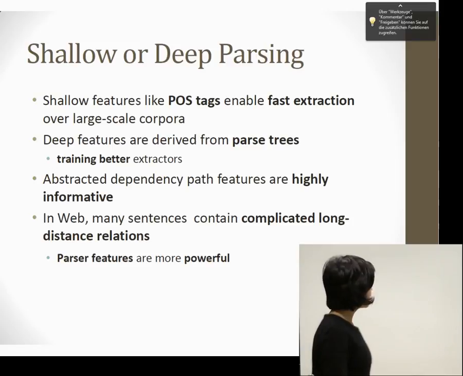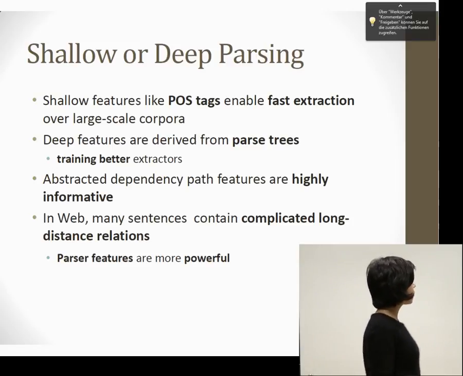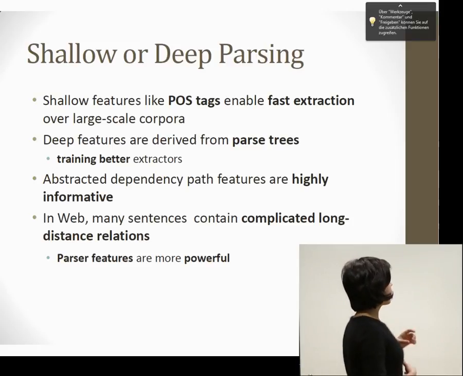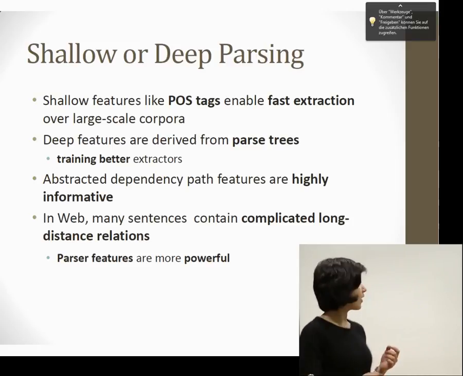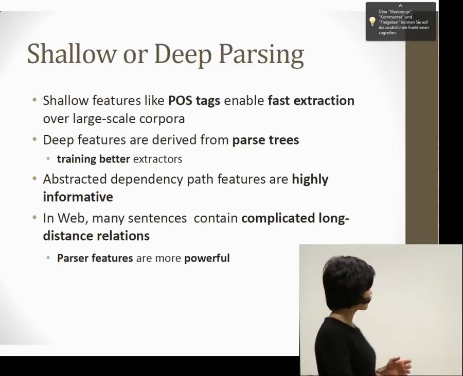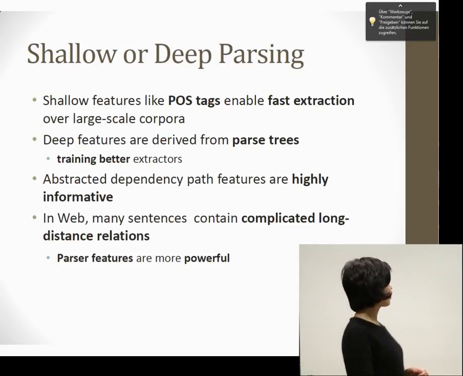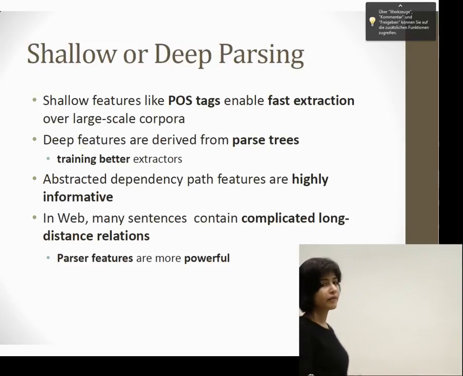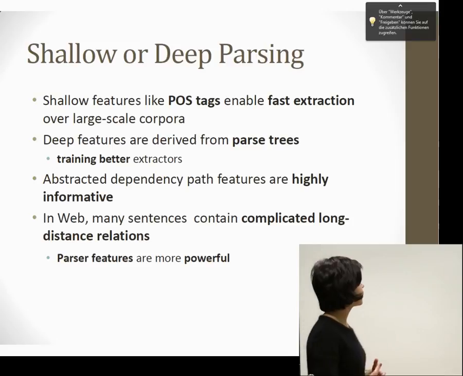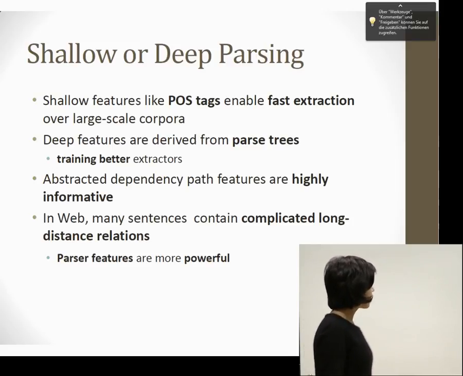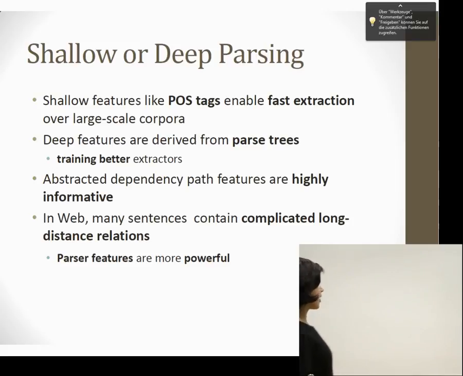So, which one is better, shallow or deep parsing? Shallow features like POS tags have fast extraction over large-scale corpora, but parser features, by using parse trees, have better training extractors, and they're very informative on abstract dependency paths.